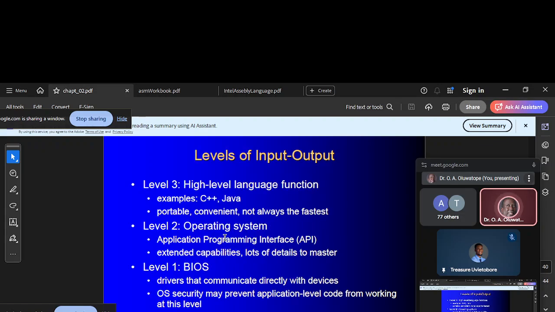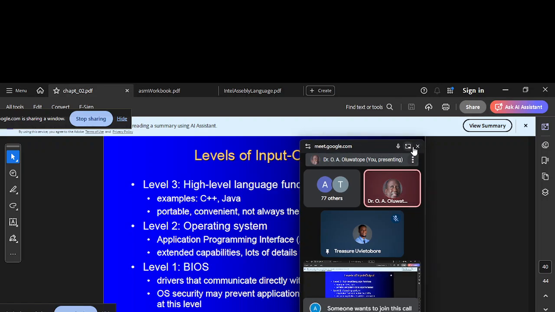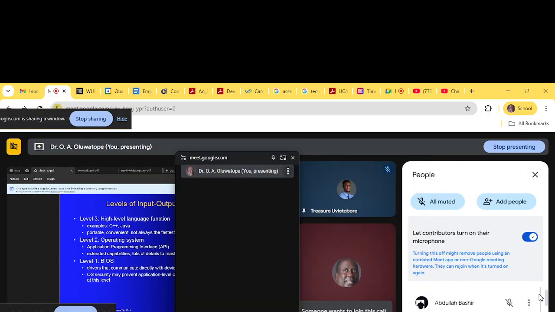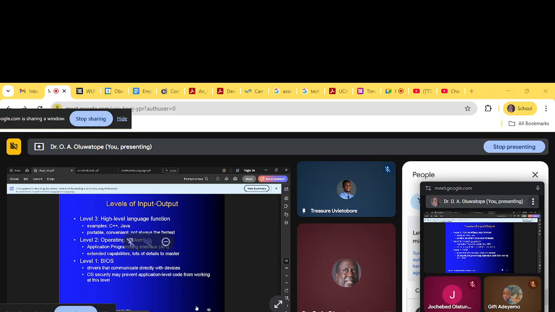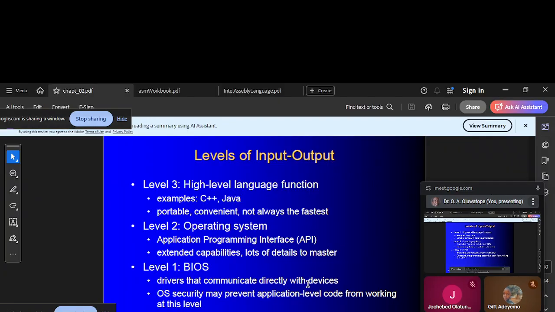So the levels of input output in a typical device, there are three levels: BIOS, operating system.